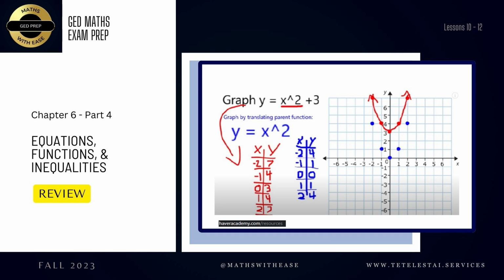And the 2 arrows indicated on either end of our U-shaped graph here are further indication that the domain continues into negative and positive infinity.